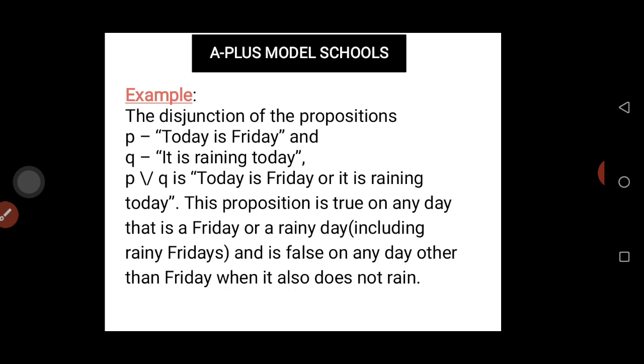So this statement is true if it is Friday and it is raining, or if it is not Friday and it's raining. So either one of them must be true. So if one of them is true, then P or Q is true.